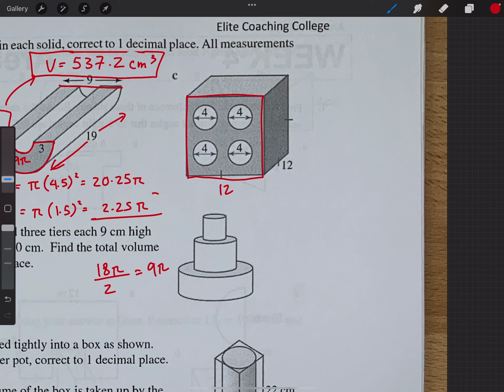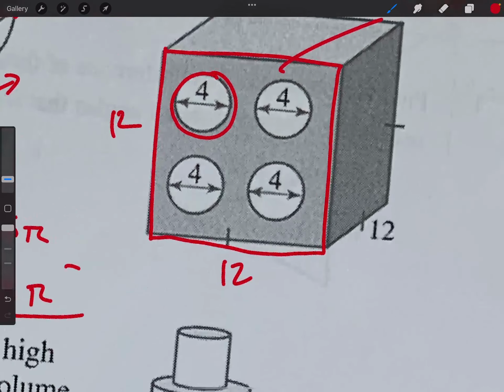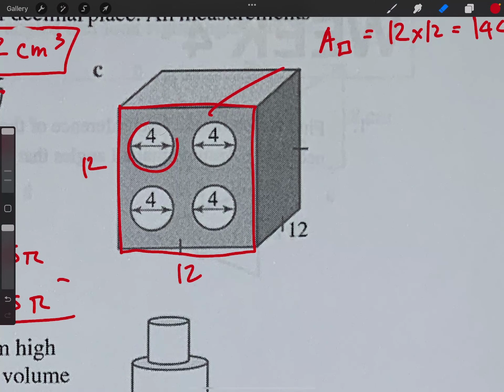Now we know this is 12, this is 12, that means the area of the square is equal to 12 times 12 equals 144. Now the area of one circle, let's find the area of one circle. We know that one circle has a diameter of 4, which means the radius must be 2.